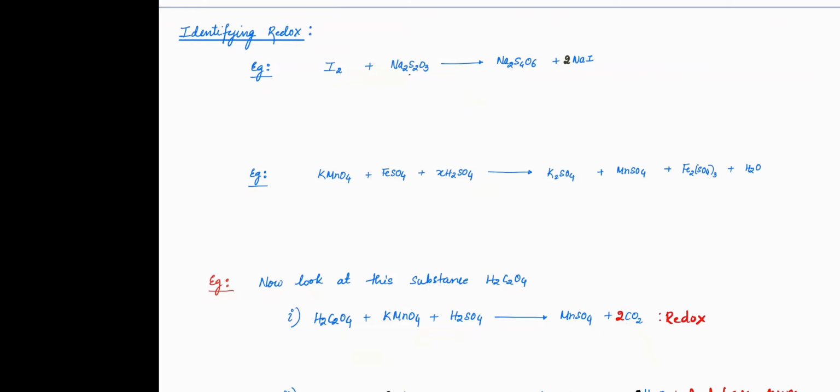The third is hydrogen. Hydrogen could be 0, plus 1, minus 1. If it is connected with metals, hydrogen attains a minus 1 oxidation state. If it is connected with non-metals, it will always have a plus 1 oxidation state. Okay. Then comes oxygen.